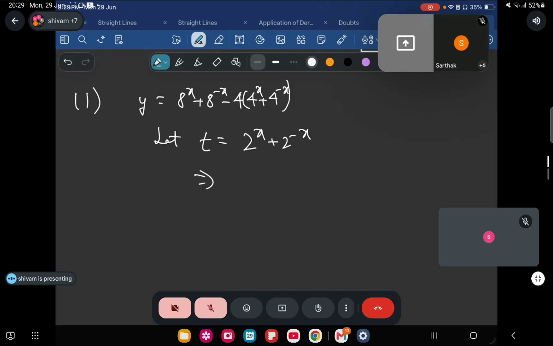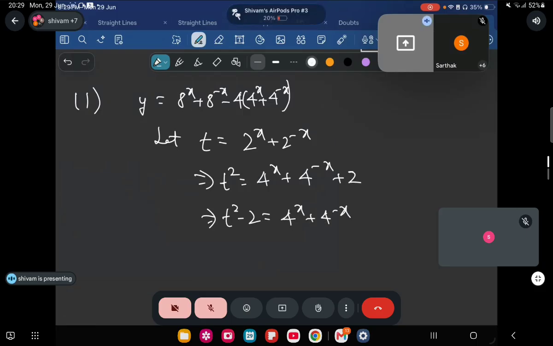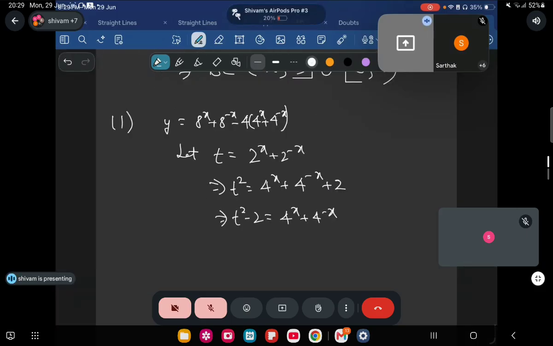So t square will be equal to 4 to the power x plus 4 to the power minus x plus 2, right? This implies t square minus 2 is equal to 4 to the power x plus 4 to the power minus x. And can everyone tell me what will be 8 to the power x plus 8 to the power minus x? We have to cube it.